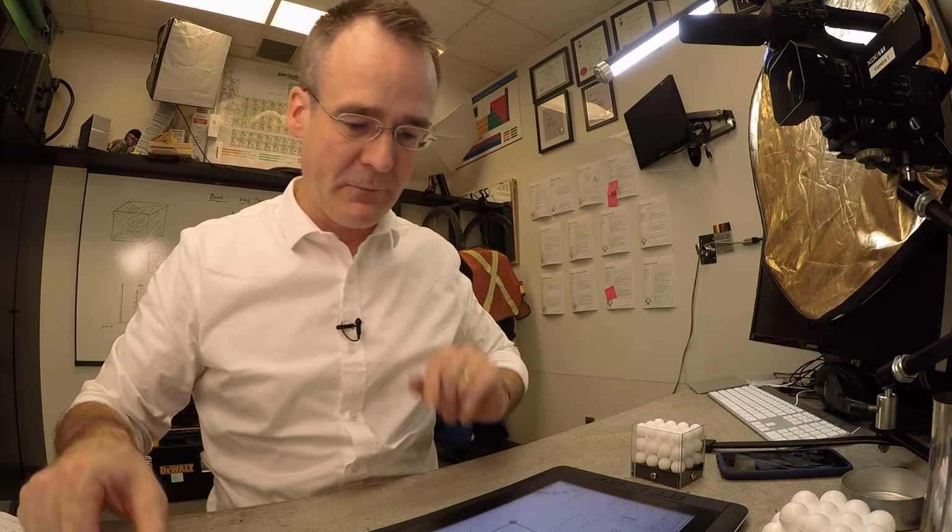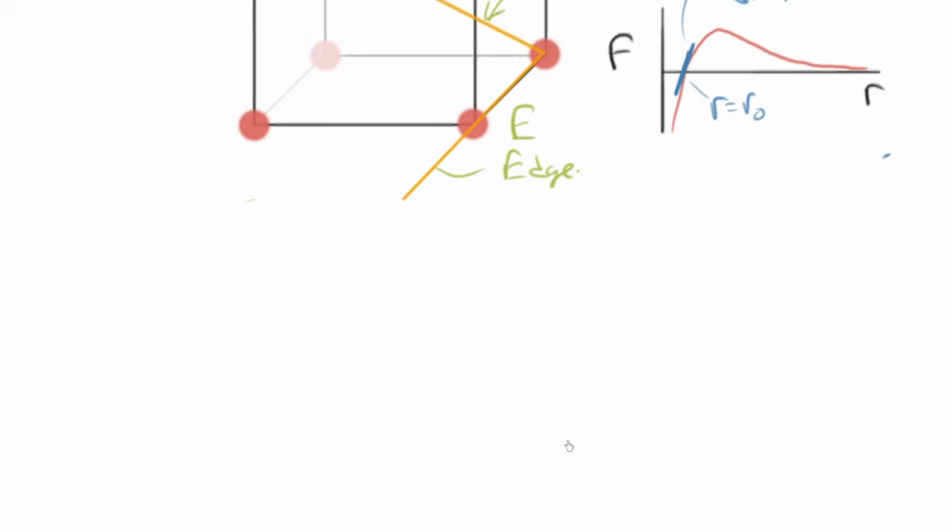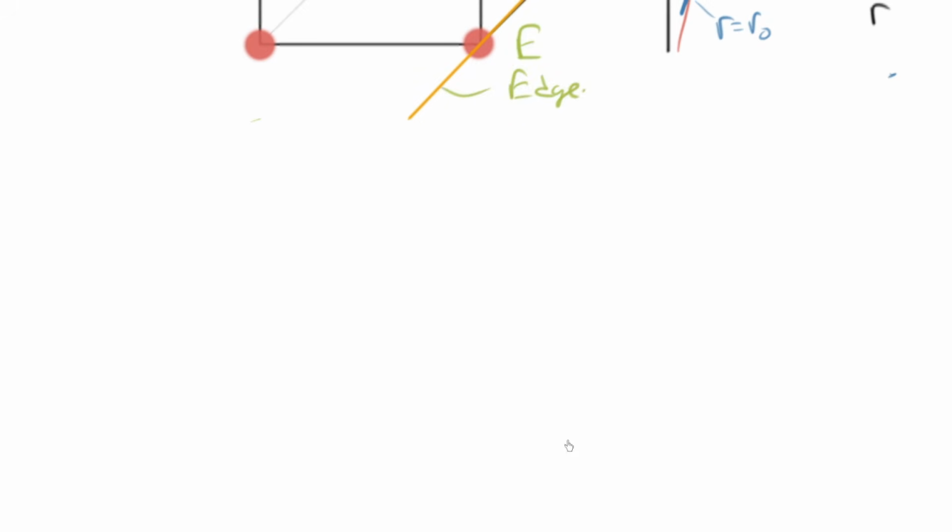So let's see if we can apply some of this knowledge that we've got to another example. And that example is going to be the behavior of a ceramic versus the behavior of a metal. Okay, so we're going to look at a metal versus a ceramic.